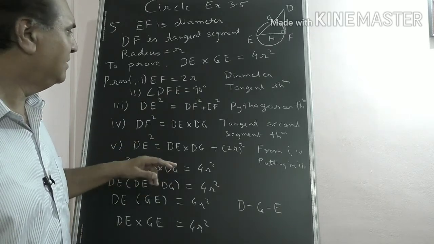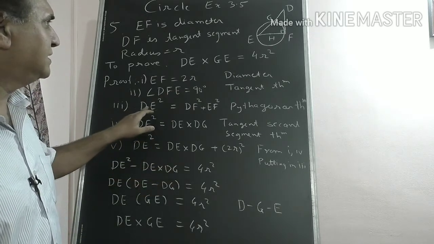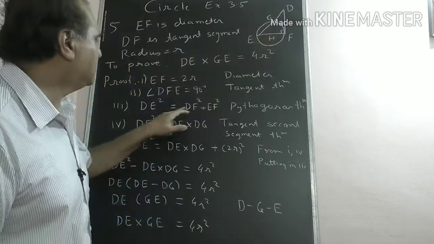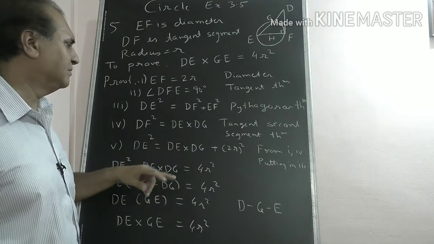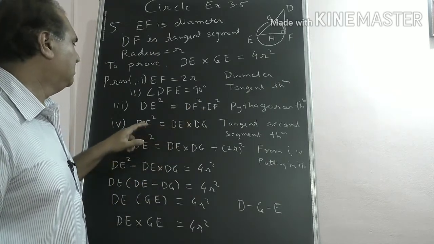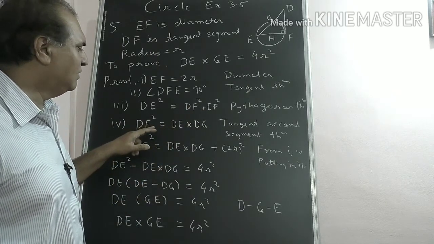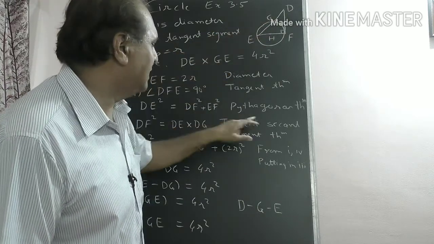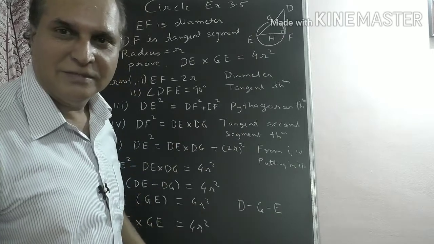Right? Tangent theorem, we will go for Pythagoras, DE square. DE is hypotenuse, if this is 90, is DF square plus EF square. Pythagoras theorem. But DF square, we have one more theorem, is DE into DG. DF square is DE into DG, tangent secant segment theorem. Just now we did, na.